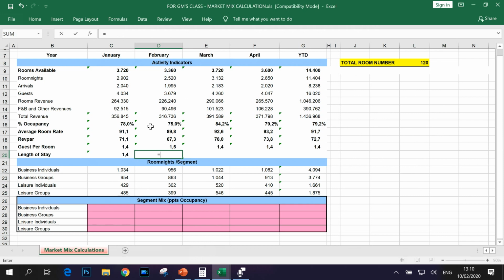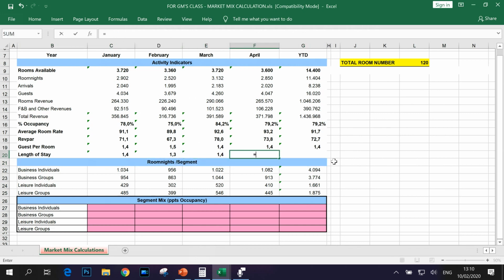February length of stay equals the number of room nights divided by the number of arrivals. 1.3. So in February people stayed shorter than in January. March equals the number of room nights divided by the number of arrivals. 1.4.